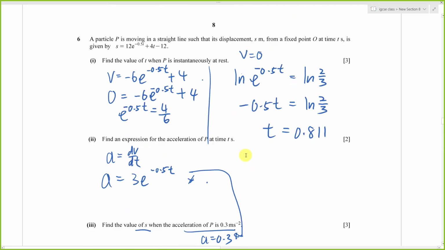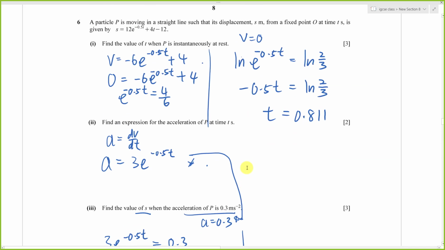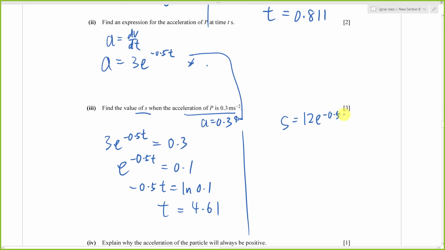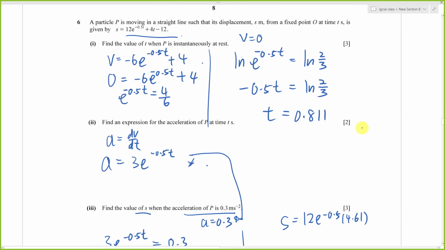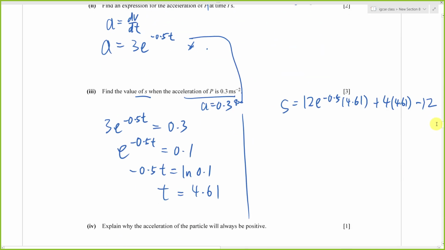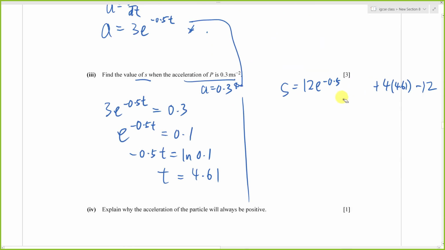Then find the value of s. Where is the s here? Which is here. Oh my god. s equals 12e^(-0.5t) minus 5 plus 4t minus 12. What's my t value? 4.61. It's a bit weird, but this is the power.